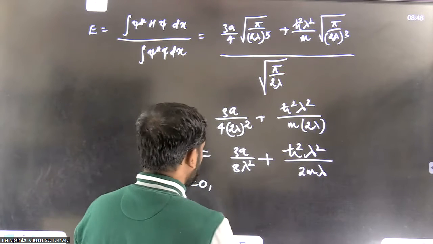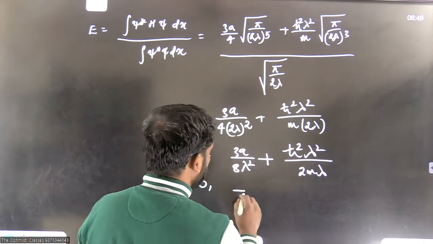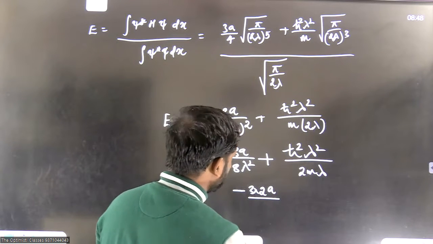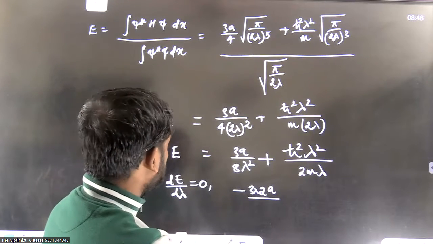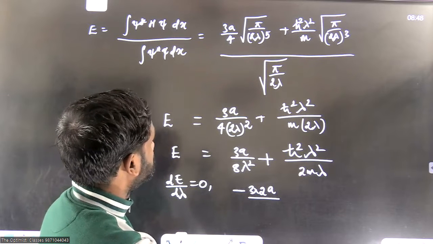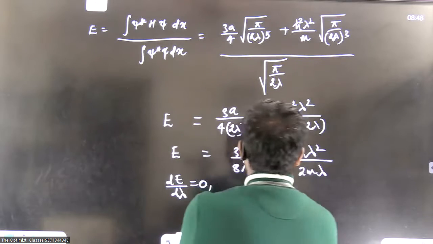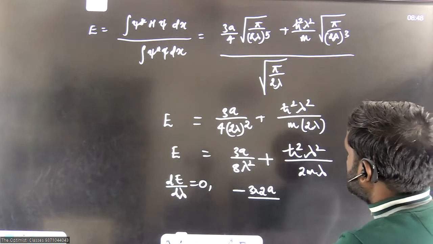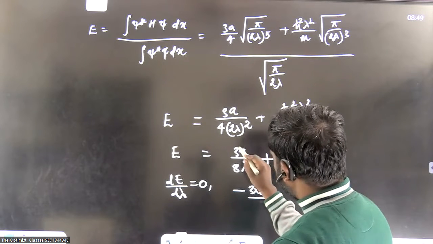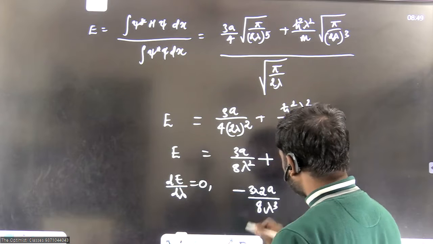If you put this 0, you get minus 3 into 2a divided by lambda cube.